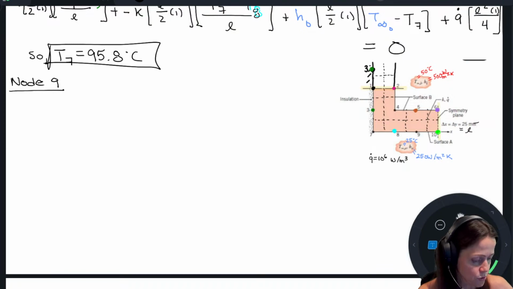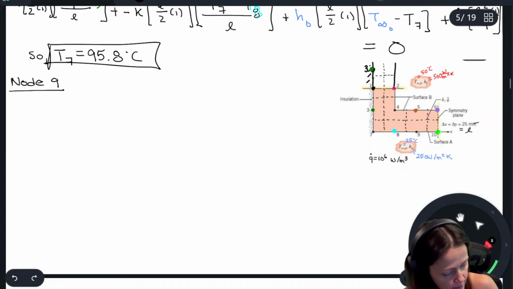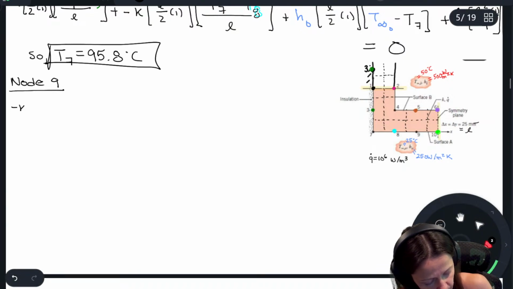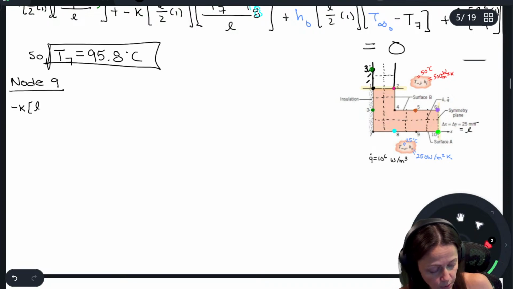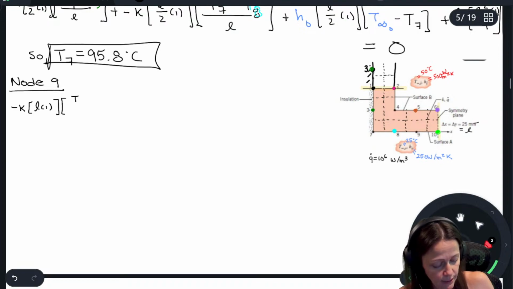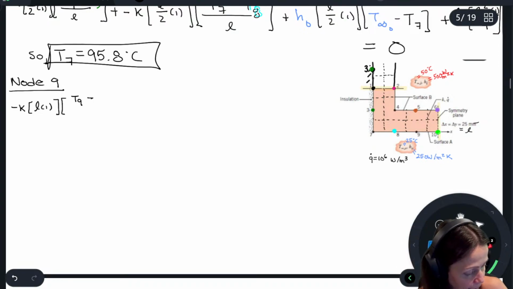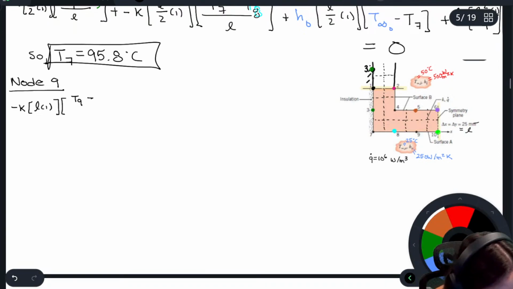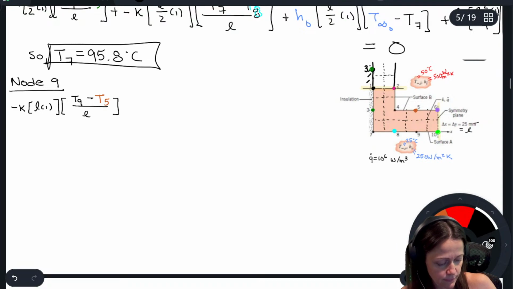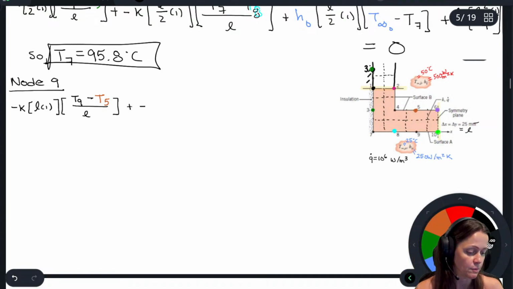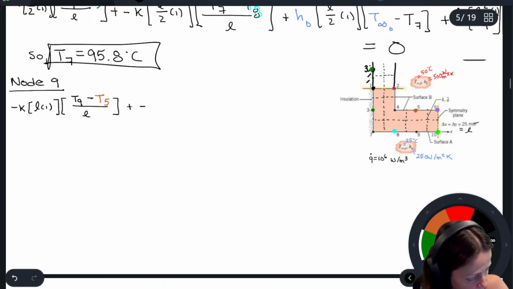All right, so starting at 5. So I have negative K. Area is a full area, so L times the 1, T9 minus T5, over L, plus, then I have 1 coming from 10.